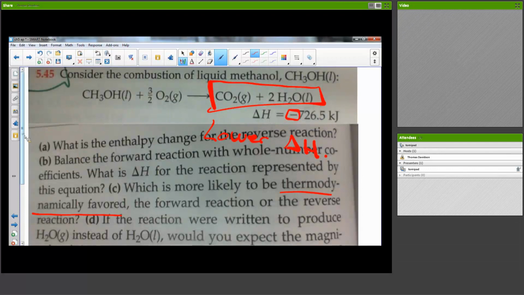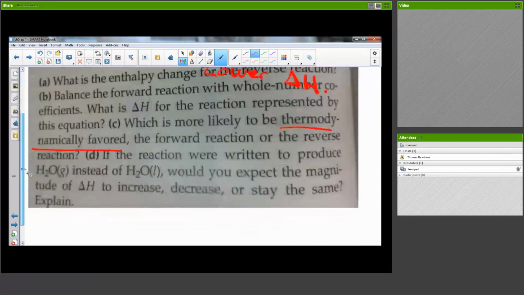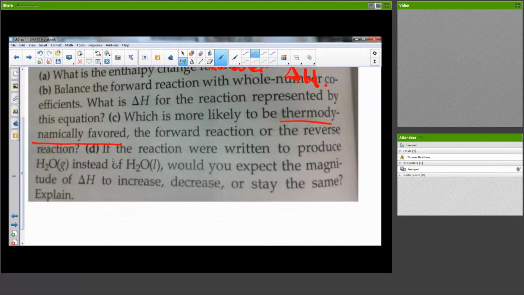Now, the last one really requires some serious thinking. If the reaction were written to produce water as a gas instead of water as a liquid, would you expect the magnitude of delta H to increase, decrease, or stay the same?